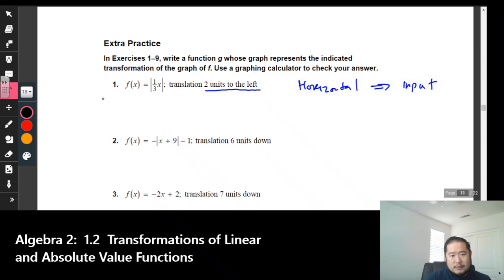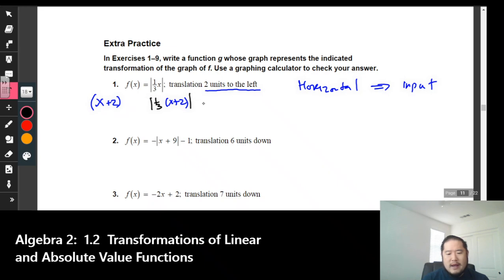For horizontal, if it's going to the left 2 units, that means it has to be x plus 2. Since that is the input, I'm going to take this x plus 2 and substitute that into our function right here. So I now have the absolute value of 1/3, and then what I'll plug in right here is the x plus 2, to distinguish that my input has changed.